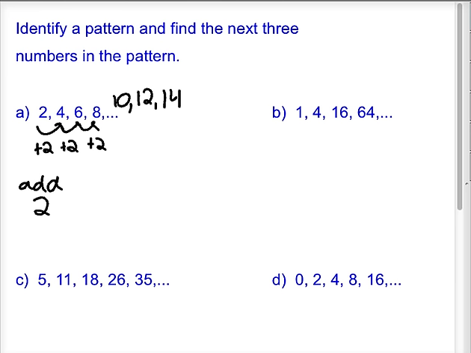All right, looking at letter B. Something you'll notice about letter B right off the bat, adding is not going to work. Adding is not what I'm doing in this one. But notice what is happening. Aren't I just multiplying by 4 every time?